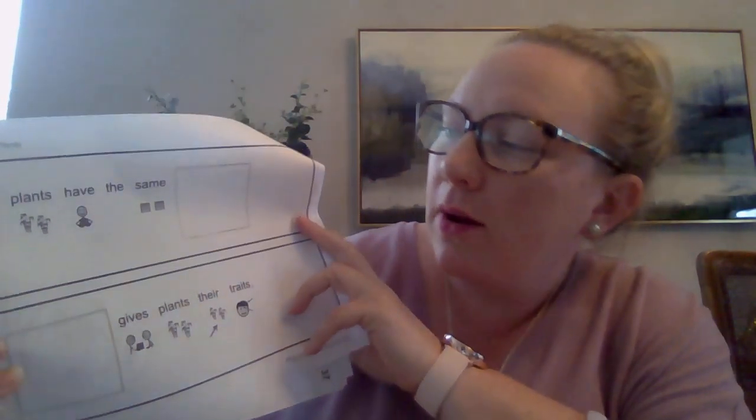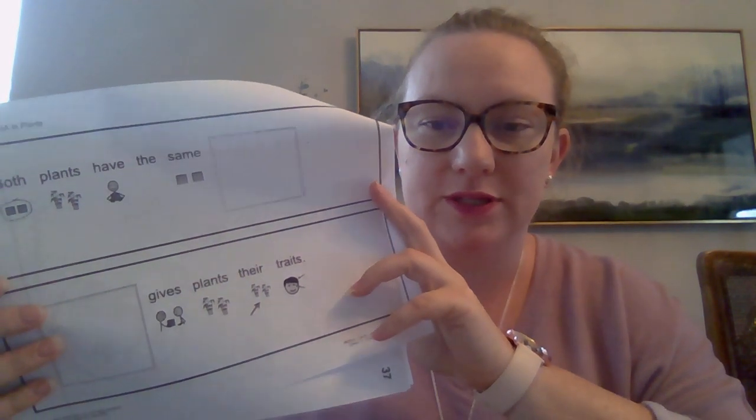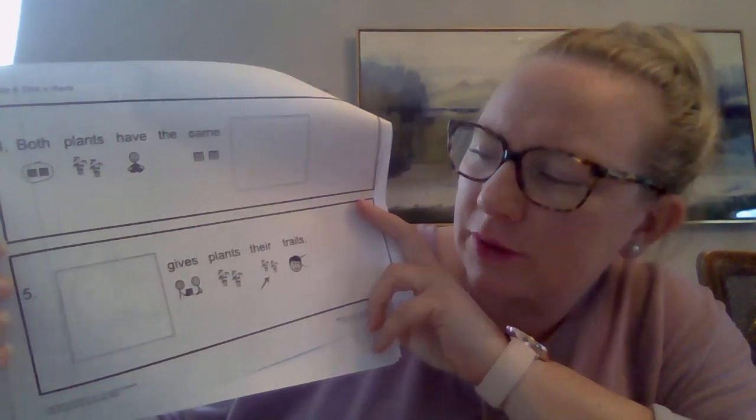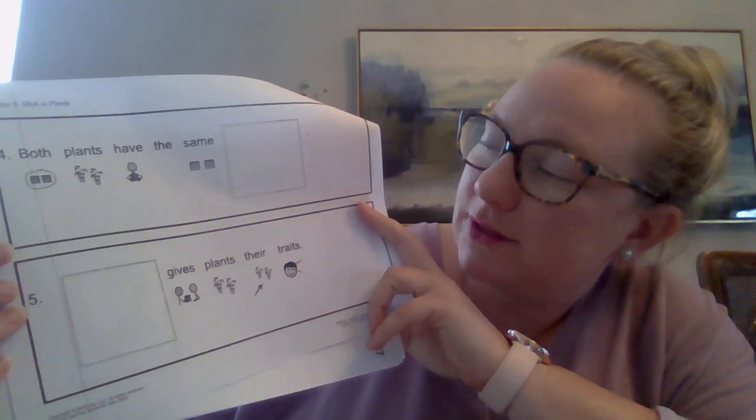Okay, so when we talk about seeds, we're going to pay attention. Number 4 says, both plants have the same blank. Okay, so we're going to look for same. And question 5 says, blank gives plants their traits. Okay. All right, so chapter 6, we're going to tie together everything we've learned about DNA and cells.